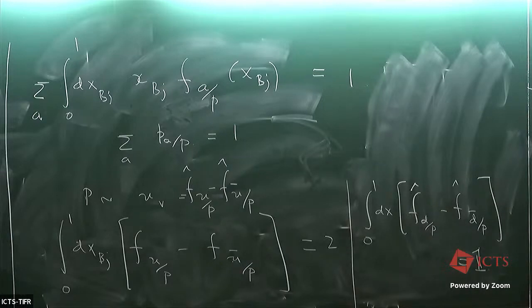So you can go on and try to extract these functions. Because they are universal, you can extract them from one experiment and use them for another experiment. For example, from a deep inelastic scattering experiment, you can extract the PDFs and use them for proton-proton collisions or proton-antiproton collisions and things like that, because they are universal quantities. So I'll stop here and continue probably.